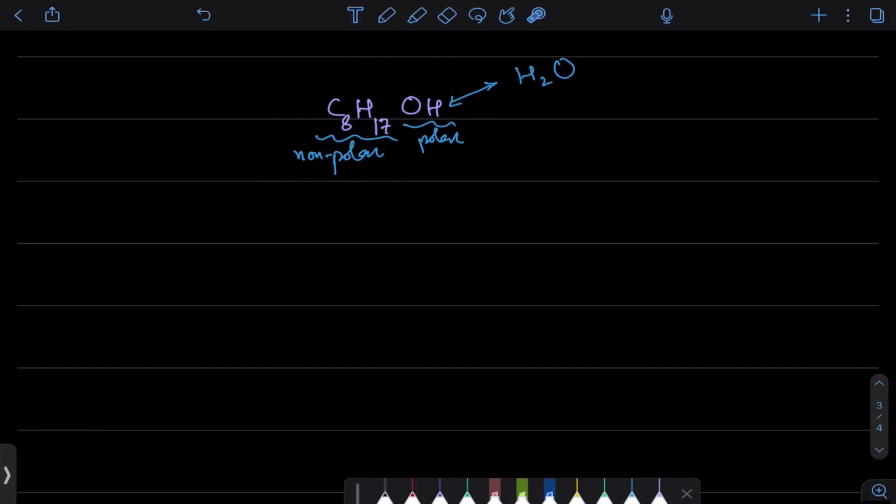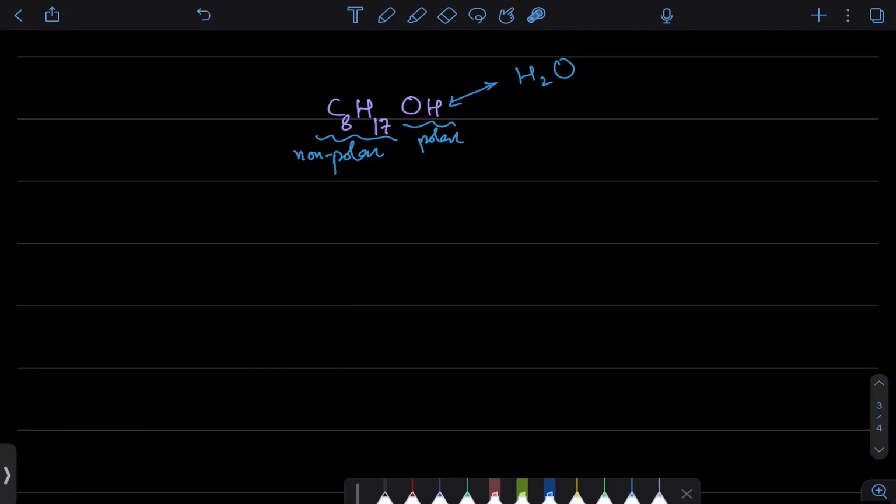Okay, sure, there is some hydrogen bonding that happens, but this does not do hydrogen bond. ठीक है, सो उसकी वजह से ये सॉल्युबल नहीं होता, बट एथेनॉल होता है क्योंकि उसकी टेल बहुत छोटी है.